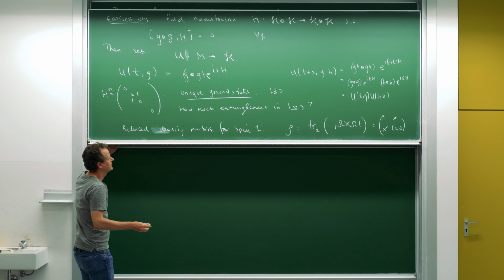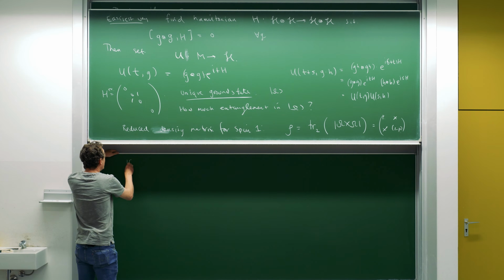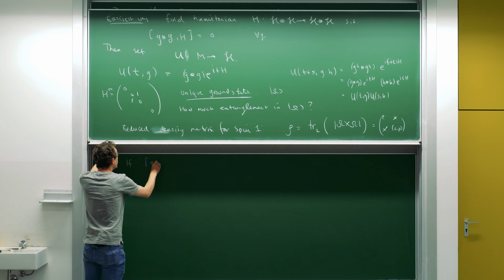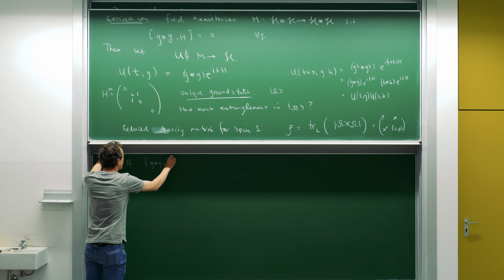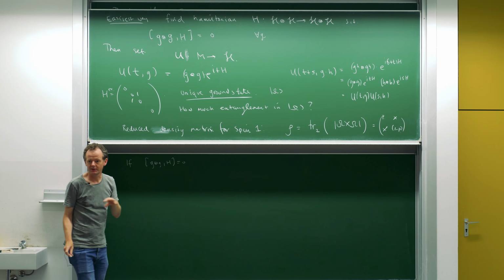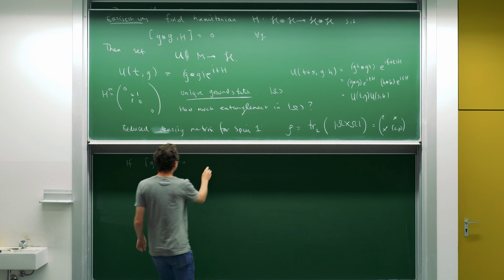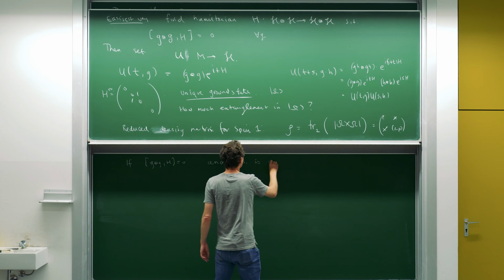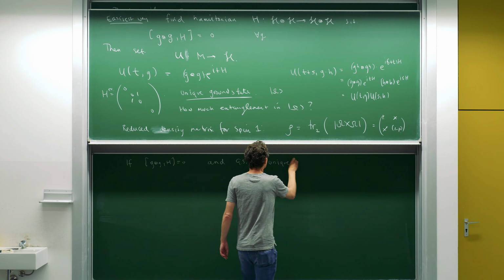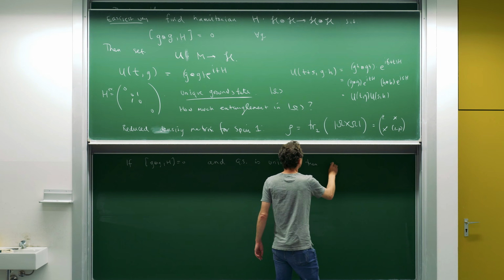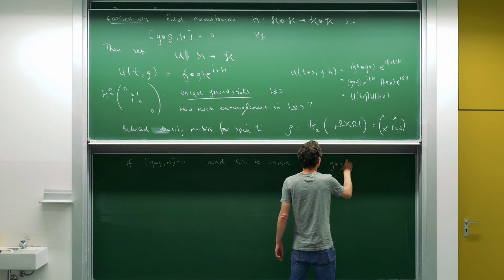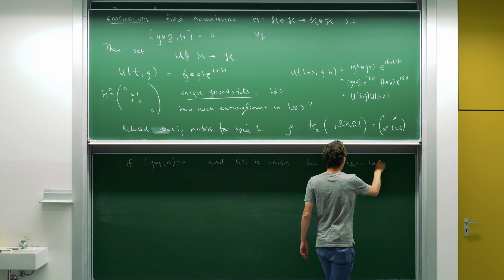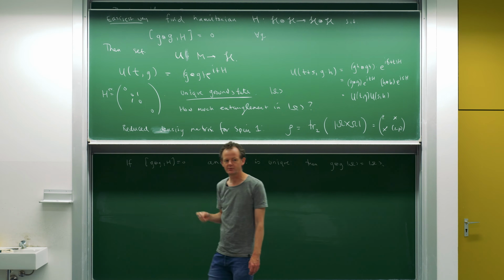Okay, so I guess I have to tell you about another thing. If some unitary operator commutes with a Hamiltonian and the ground state is unique, then G tensor G on omega equals omega. Actually, I've already proved it, right?